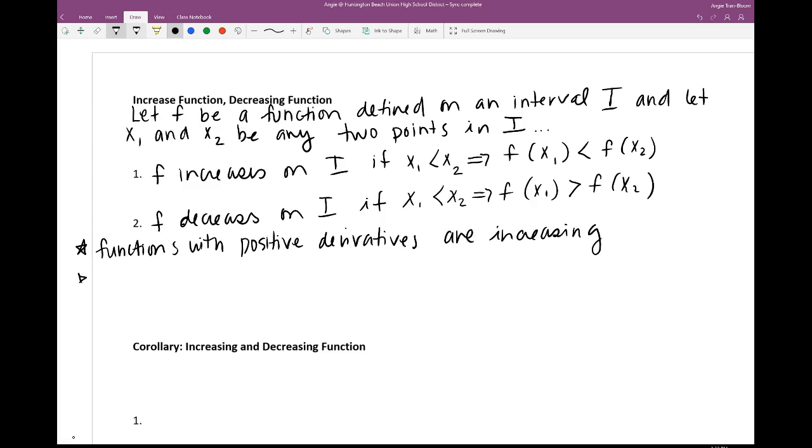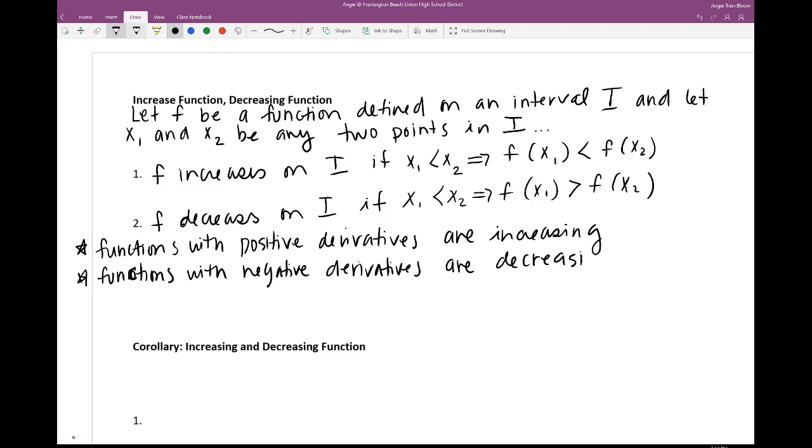Okay, functions with negative derivatives are decreasing. Okay.